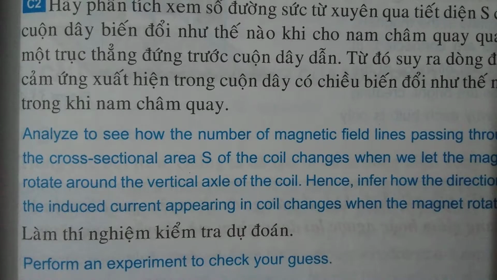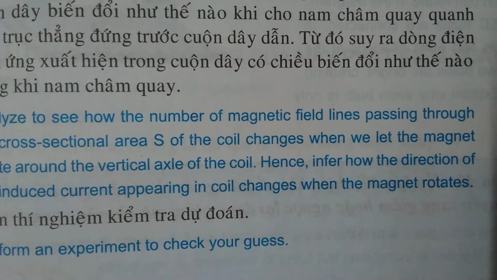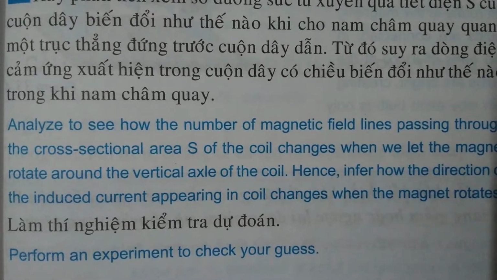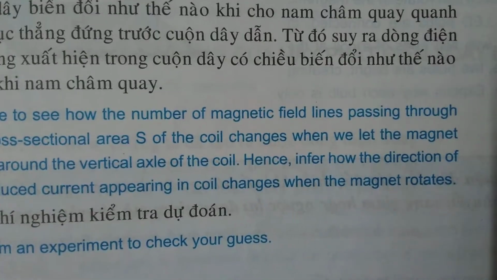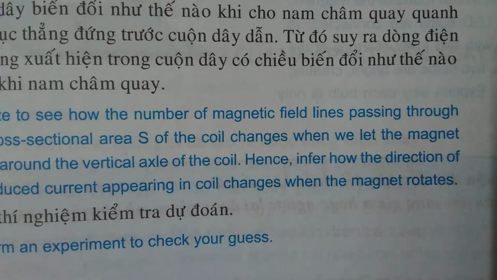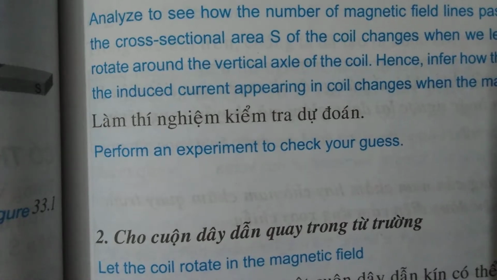Hence, infer how the direction of the induced current appearing in the coil changes when the magnet rotates. Perform an experiment to check your guess.